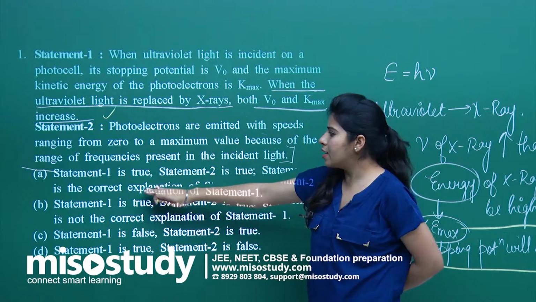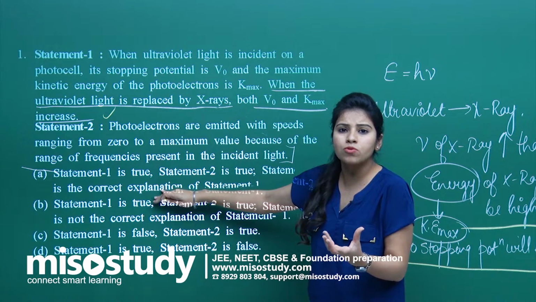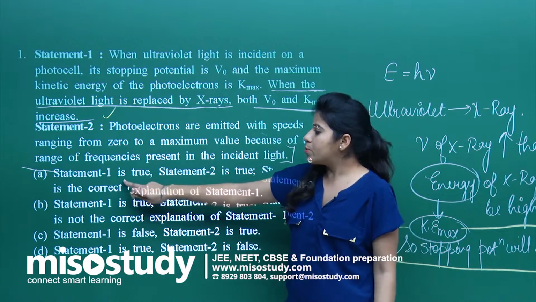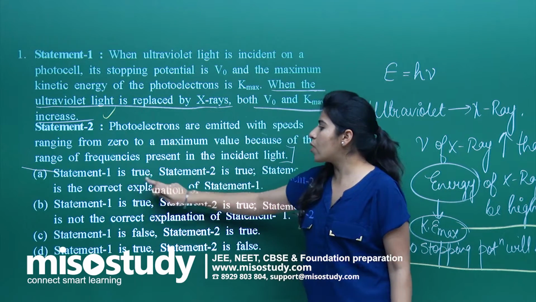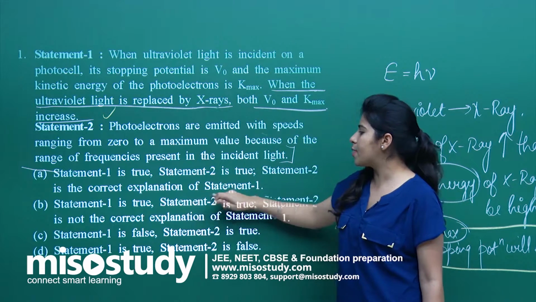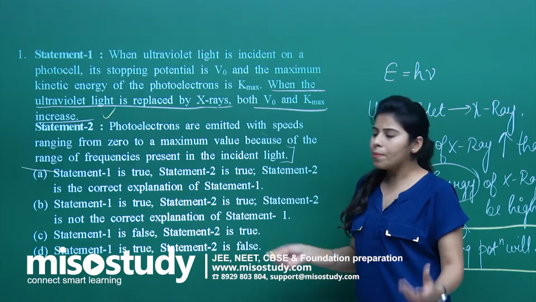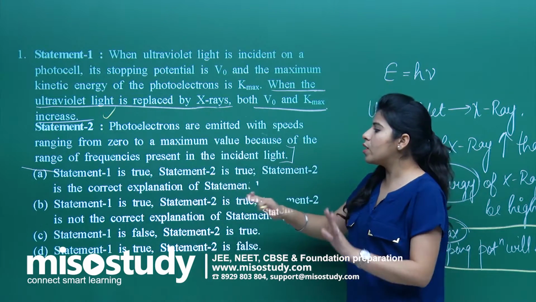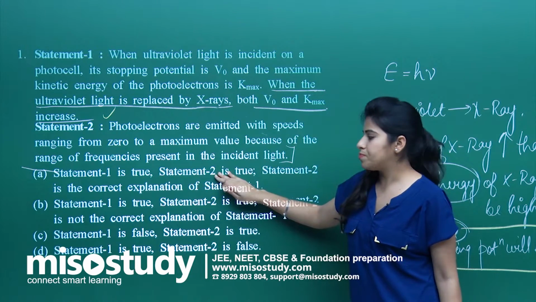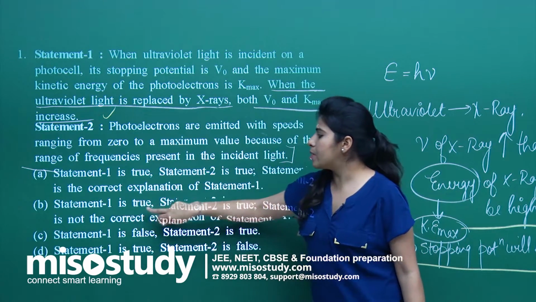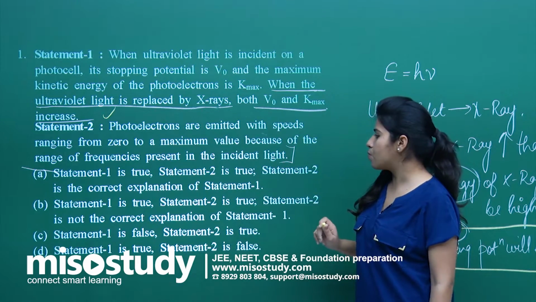Now let us see and ignore those options which are irrelevant for us. In option 1, statement 1 is true, statement 2 is true, statement 2 is the correct explanation of statement 1. Right now we are not aware of statement 2, so we will not touch option A. In the second case, statement 1 is true, statement 2 is true.